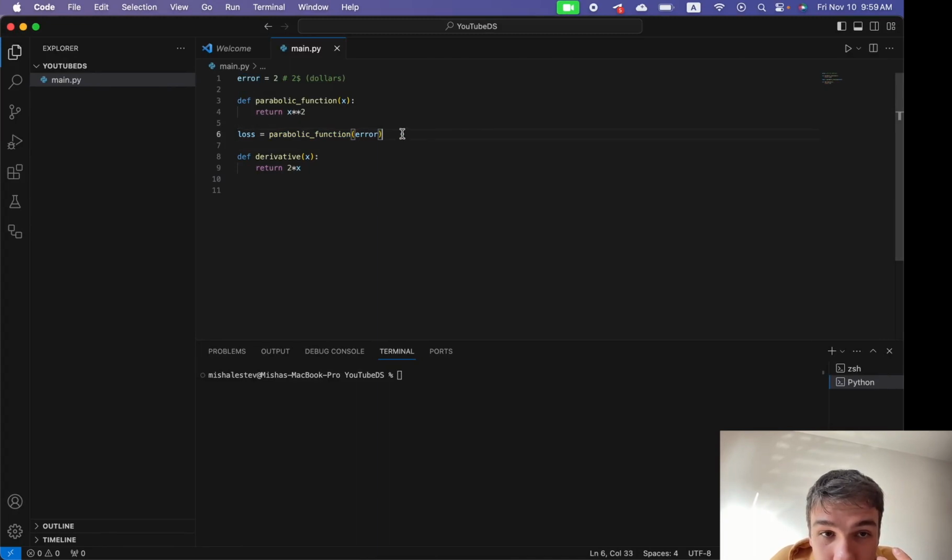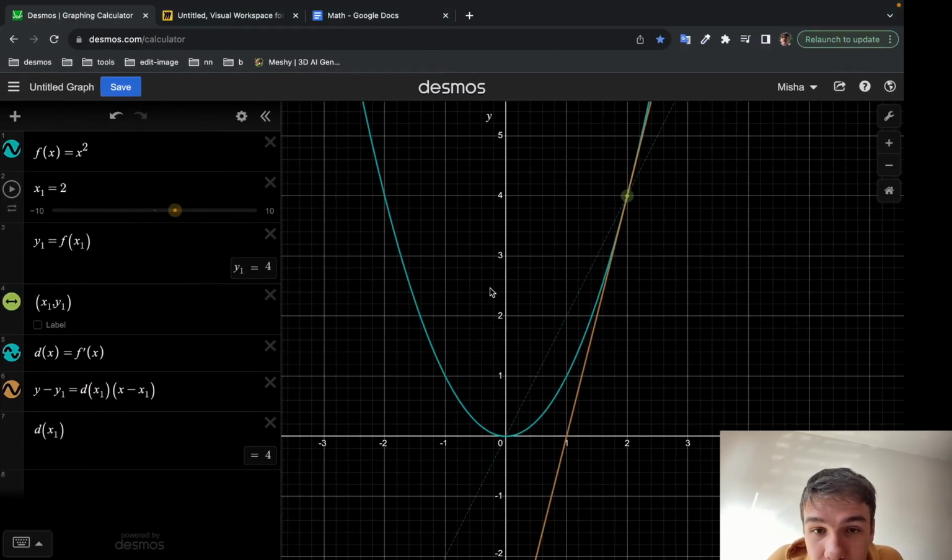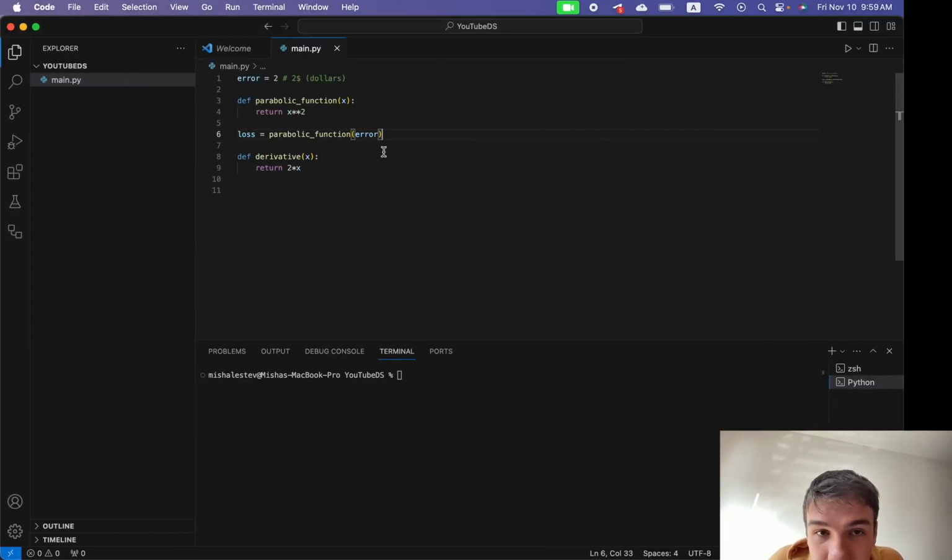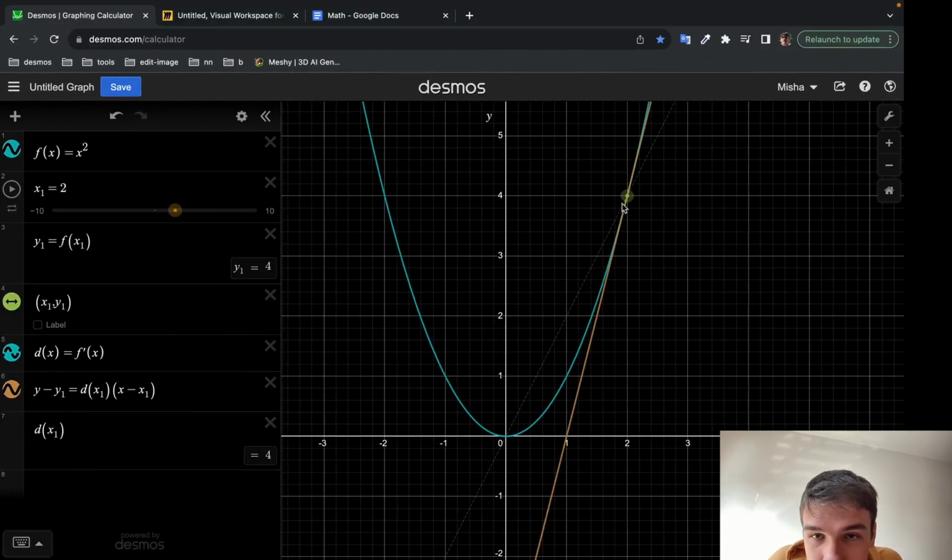It means that now we've created a kind of parabolic function, because we calculated the parabola y-axis. So we calculated what is the y-axis for the 2 in the parabolic function, and we created this point. So our error and then our parabola results to this point. So this is our point of loss, the point of our error, kind of.